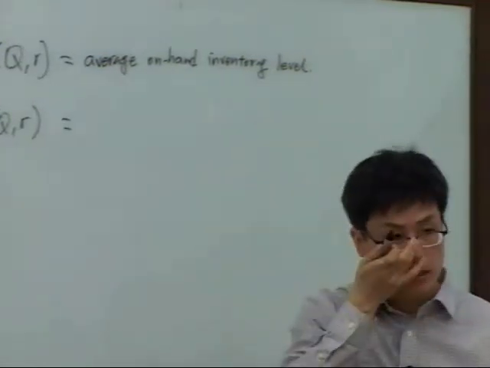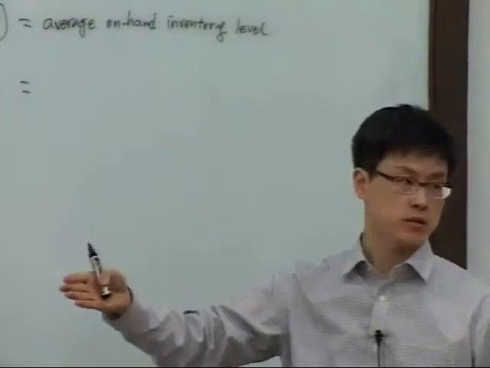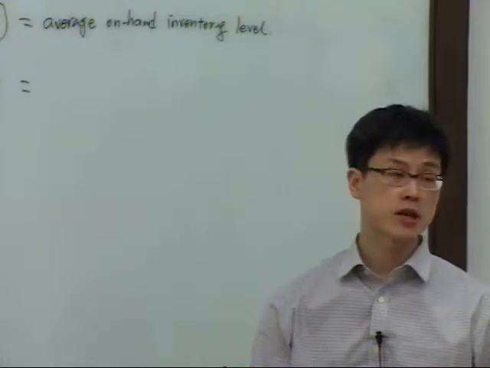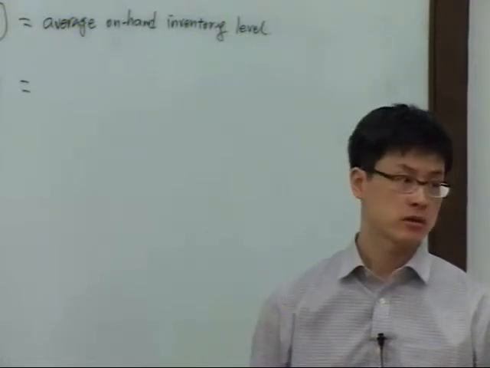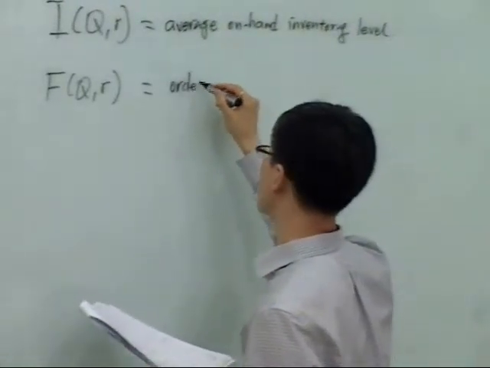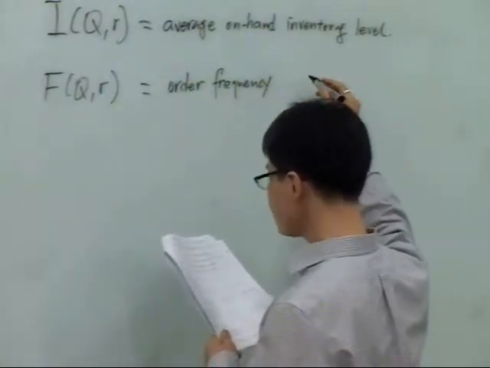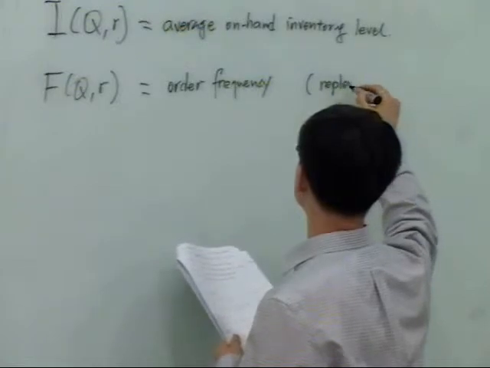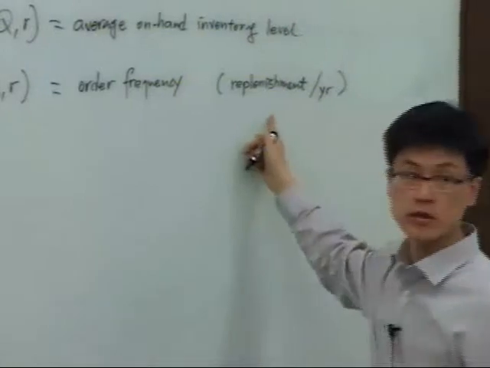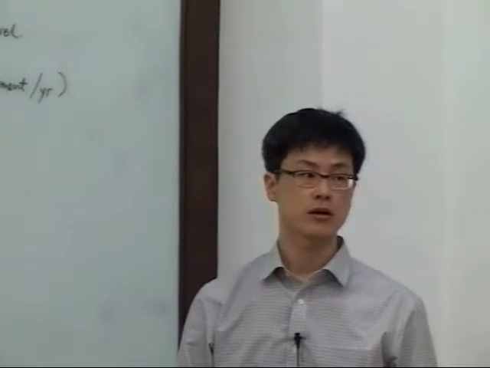In the introduction of this Q and R model, there are two things: a fixed setup cost, or a limitation on the number of reorders. So F(Q,R) is the order frequency, given, for example, as how many replenishment orders you put per year.